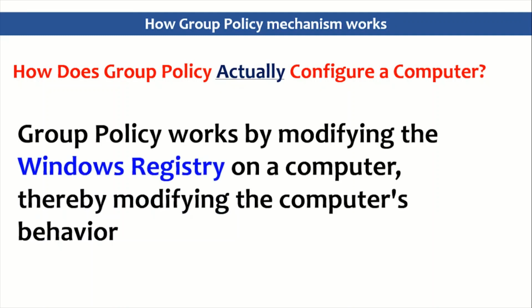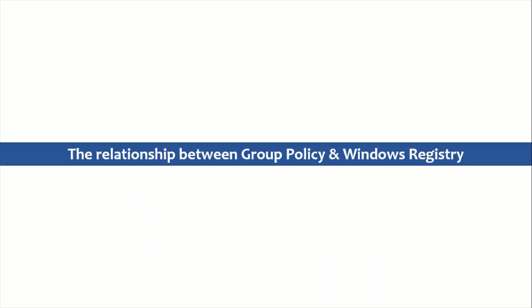Group policy works by modifying the Windows registry on a computer, thereby modifying the computer's behavior. So we apply a policy, it will change the Windows registry, and the operating system will read the Windows registry and behave accordingly.